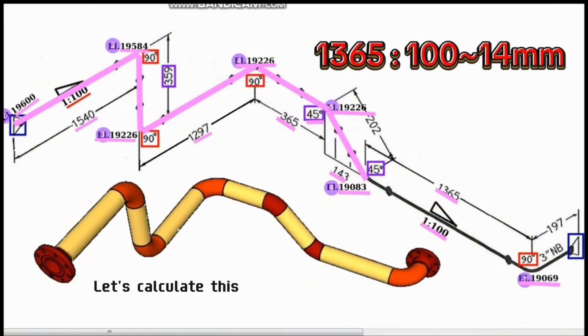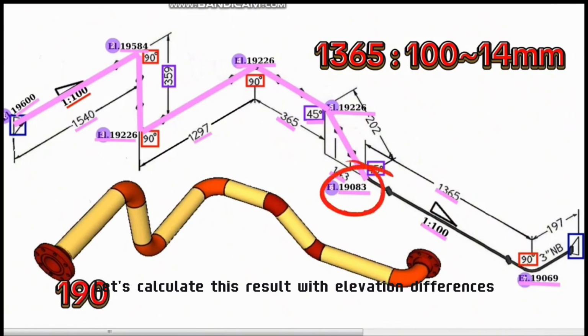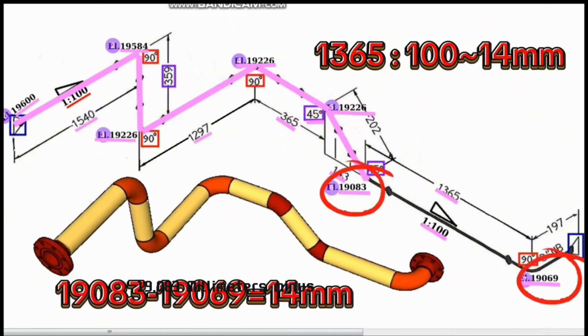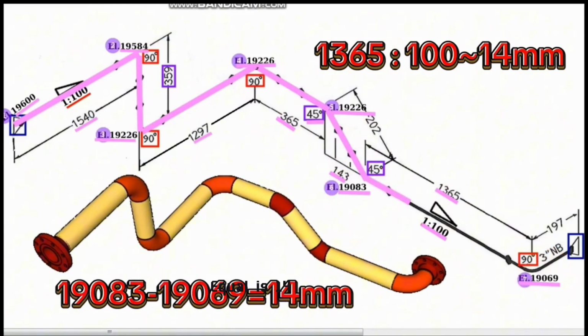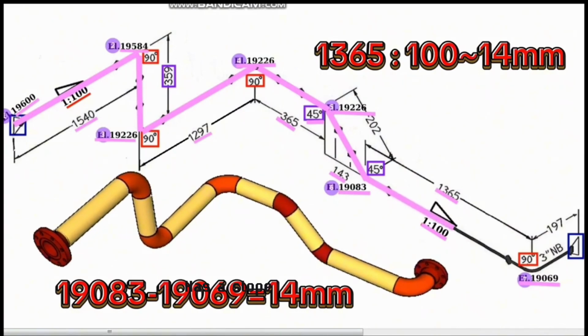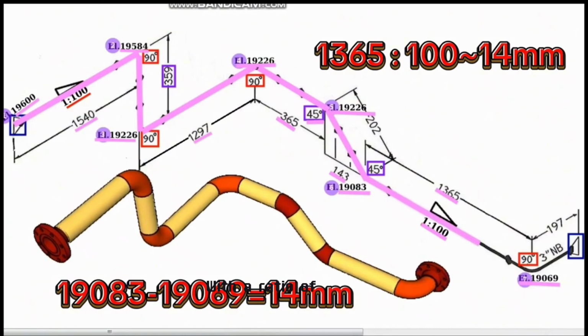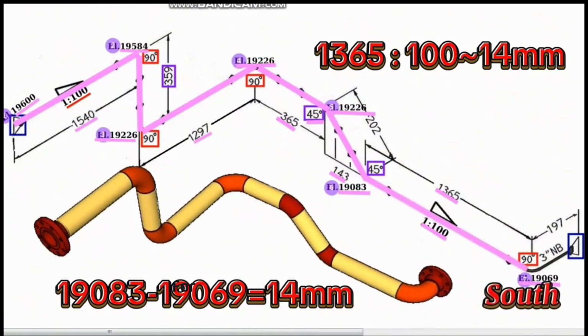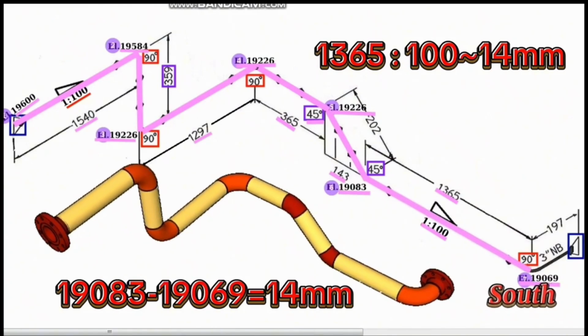Let's check this result with elevation differences. 19,083 mm minus 19,069 mm equals 14 mm. This means that this part of the pipeline has a slope of 14 mm with a ratio of 1 to 100. The pipeline continues southwards for a length of 1,365 mm.